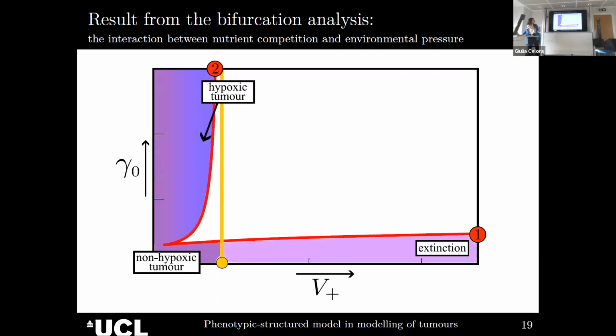And if you are on the left of this curve, you have monostability. You can have either a non-hypoxic tumor, which is spatially homogeneous, or a hypoxic, spatially heterogeneous tumor around here. And if we are on the right of our transcritical bifurcation, we also have extinction. And this is for a range of biologically relevant parameters.